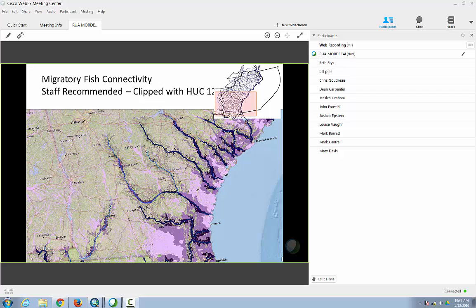And so now here you see it's a little bit more selective, but also some of these areas where sturgeon aren't able to go right now get a little bit lower value than the areas where they're actually immediately there. So that's the two different approaches: overrepresenting here, but potentially underrepresenting a little bit when we're clipping just to the subwatershed.